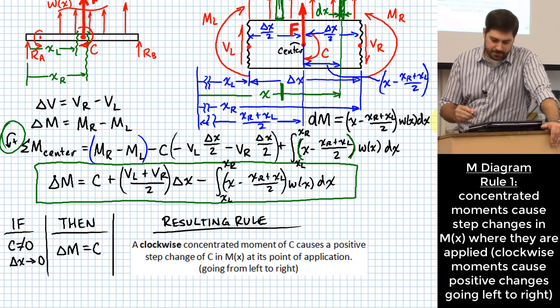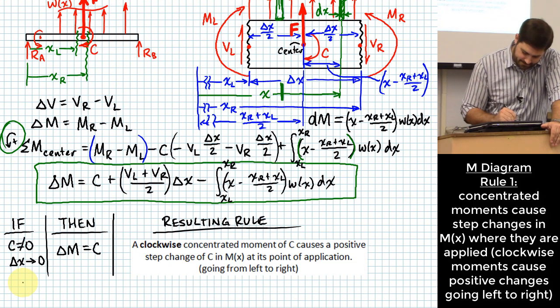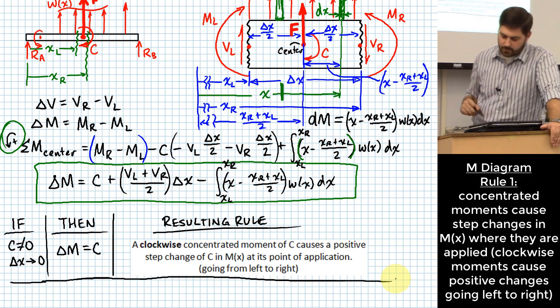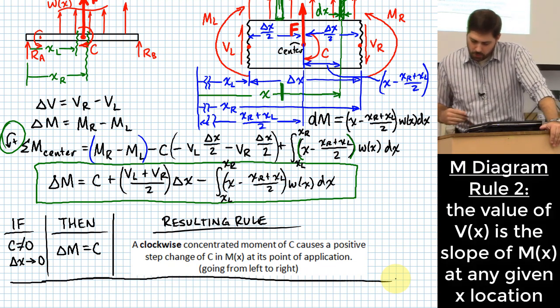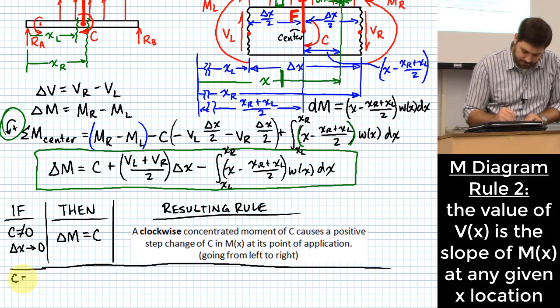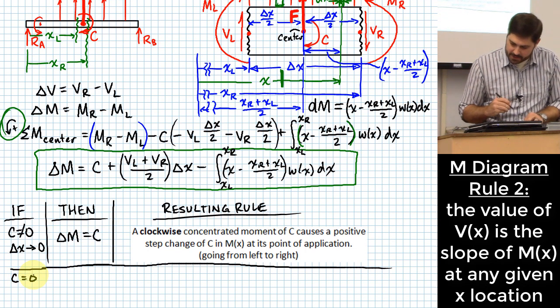Shall we write another one too? Yeah, let's do it. Okay, the next rule we're going to do is when C is equal to 0 and delta x goes to 0.